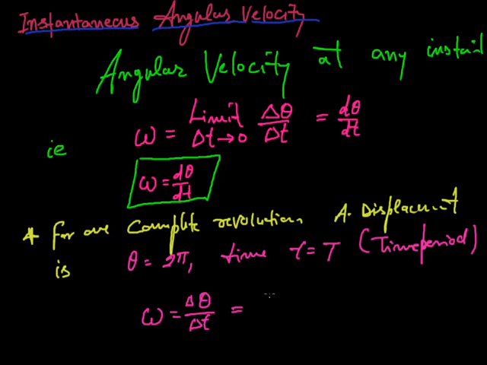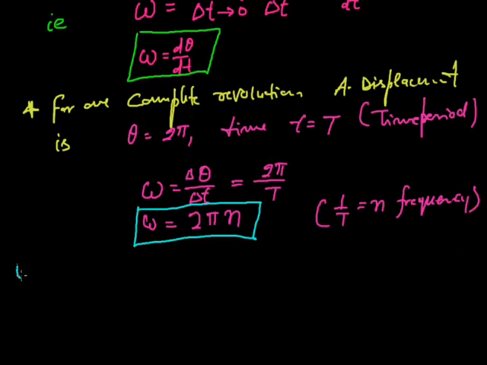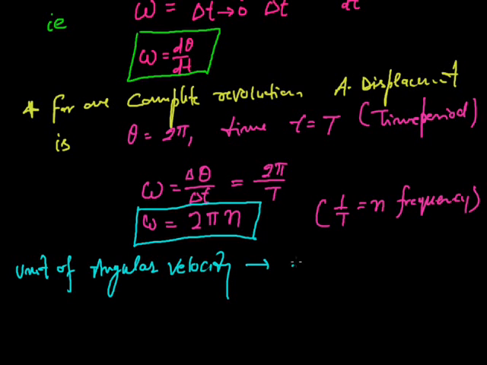It is equal to 2 pi by T, and omega is equal to 2 pi n, because 1 by T is equal to n, frequency. Unit of angular velocity is radian per second.